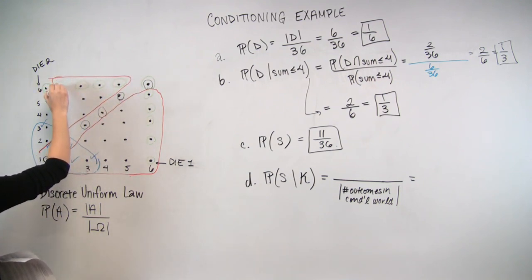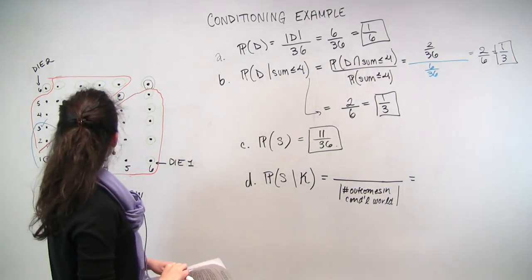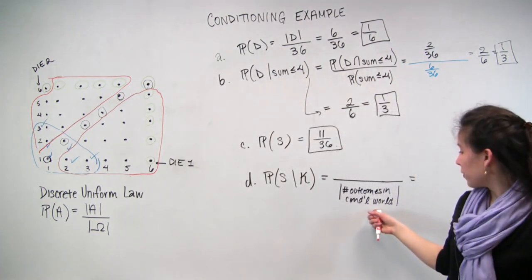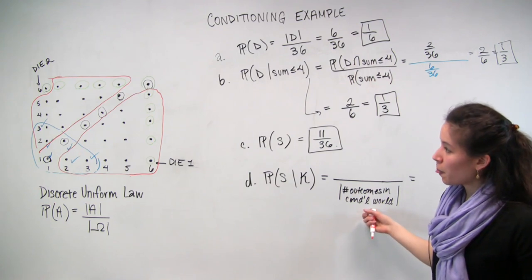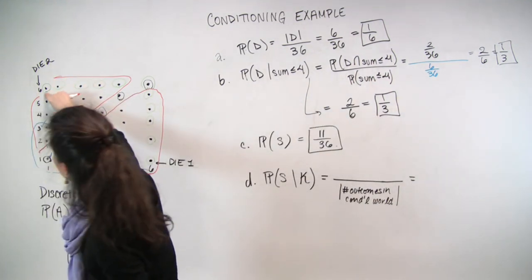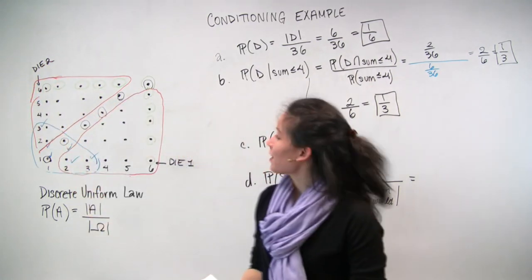I don't want to get this one. Okay, that's good. So let's see, how many outcomes do we have in our conditional world? And I'm sorry, I don't know why I didn't include this. This is absolutely included. I'm just testing to see if you guys are paying attention.